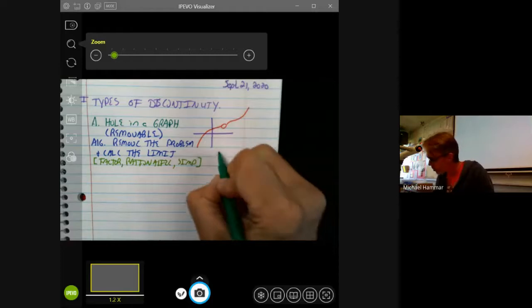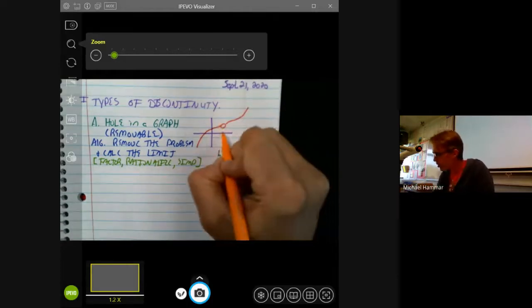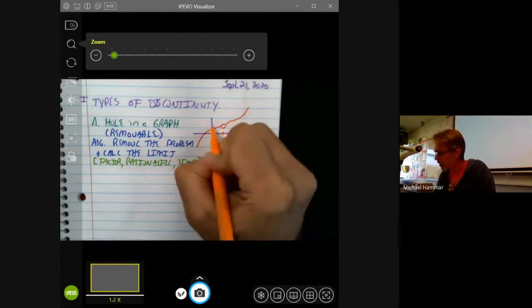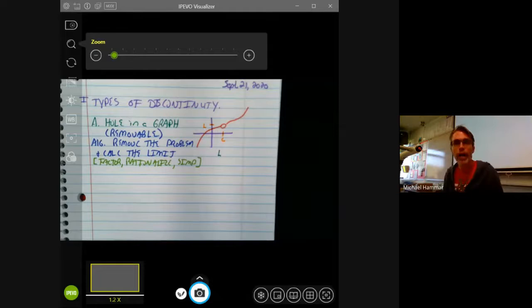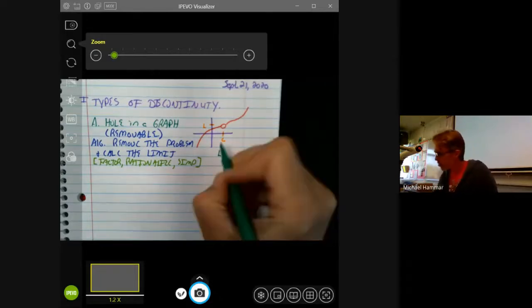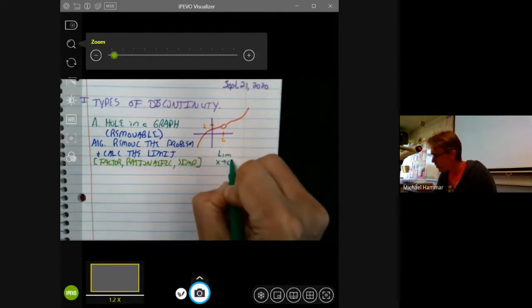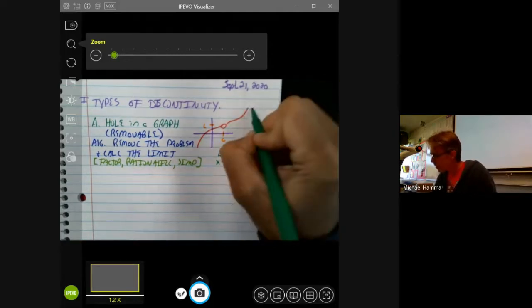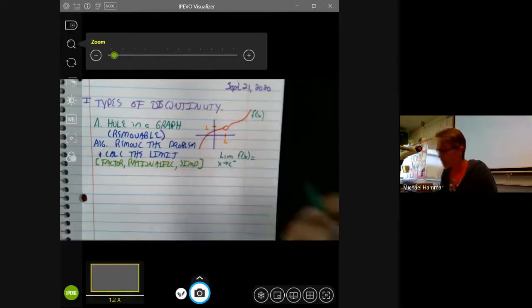So first of all, let's call this point right here, just like we usually do, C, and let's call the value at that point L. Okay, so let's take the limit as x approaches C from the left of f of x.